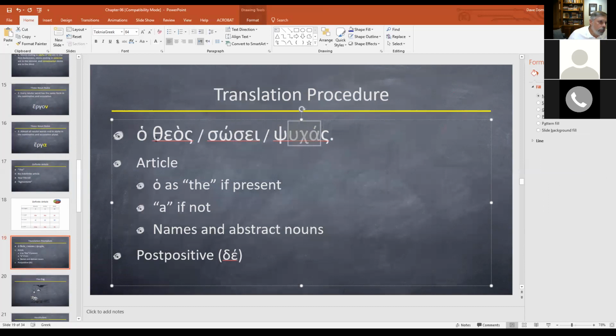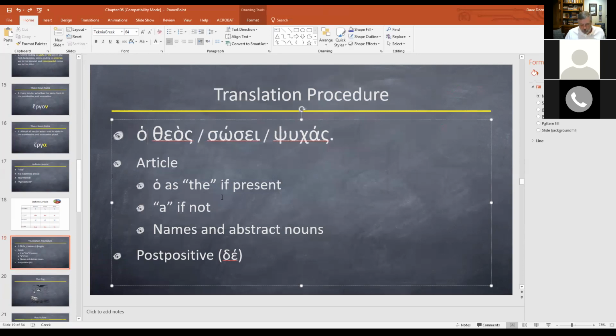The article is here with the ous. If the article is there, it's "the." If it's not, it could be "a." So if it wasn't there, then you could say "a God saves lives." Context is going to tell you whether it's correct or not, but it is there, and so it is "the God saves lives." Now, I may not translate the "the" to make it easier to speak in English. I might just say God saves lives.